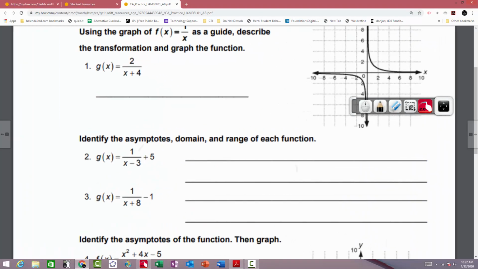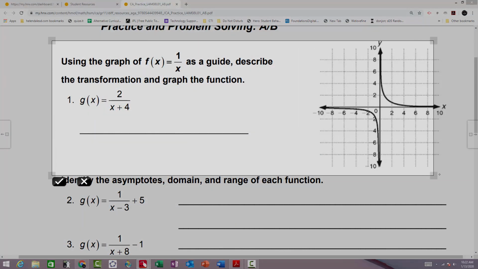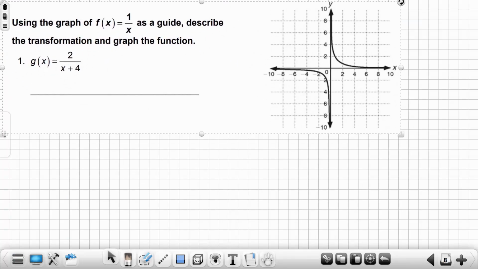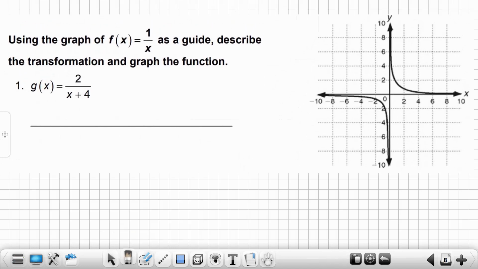Okay, so let me go ahead and run through these. The first thing, a few of you know, Leticia, what do I do with that 2? Marion's right. I'm going to put it out front so I recognize it as my A value.